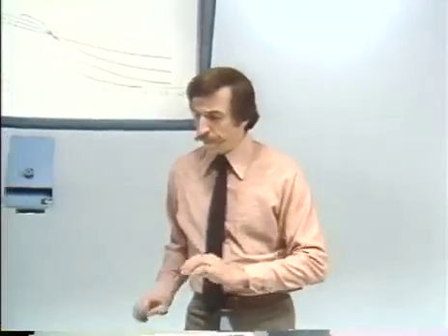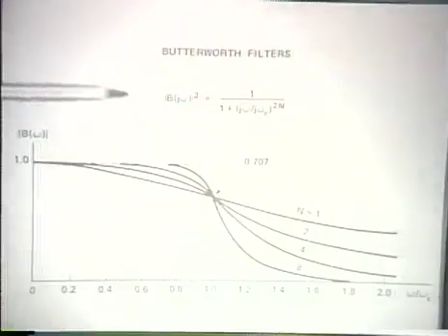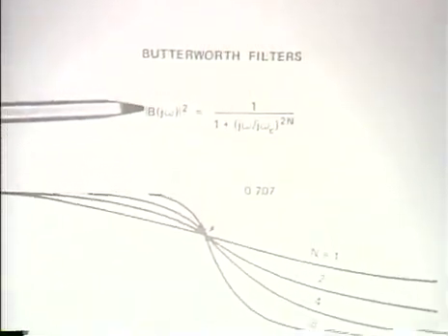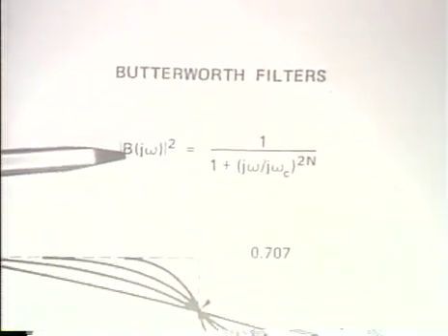And then following that, we'll proceed on to discuss another very important and useful mapping or design procedure referred to as the bilinear transformation. So to begin, let me just discuss briefly what the class of Butterworth filters is. Specifically, the Butterworth filters are defined through their frequency response or transfer function, and I'm using capital B to denote a Butterworth filter.